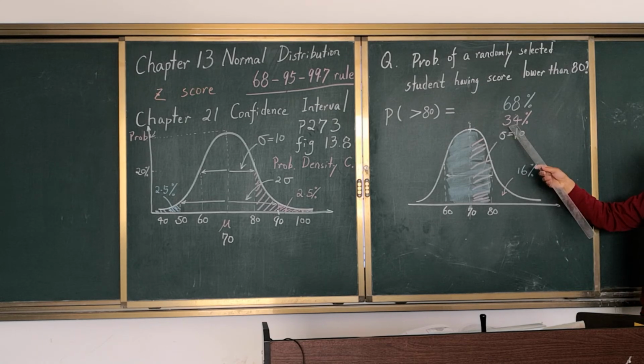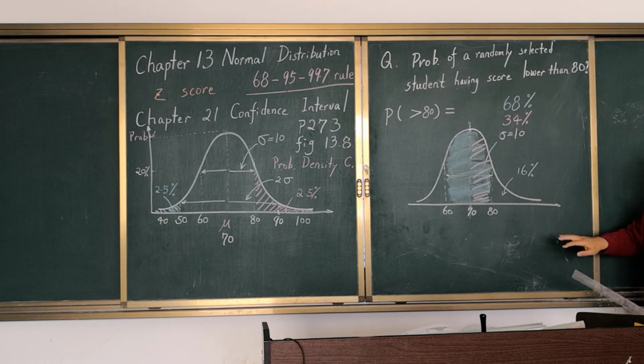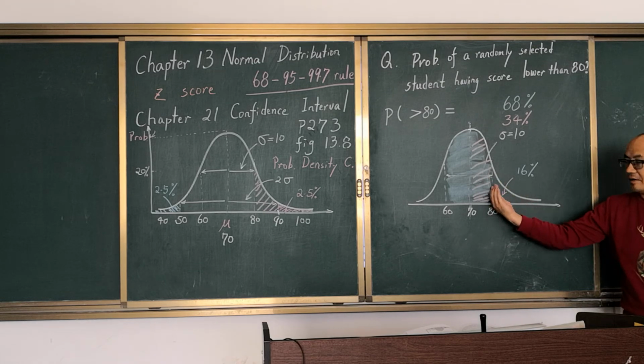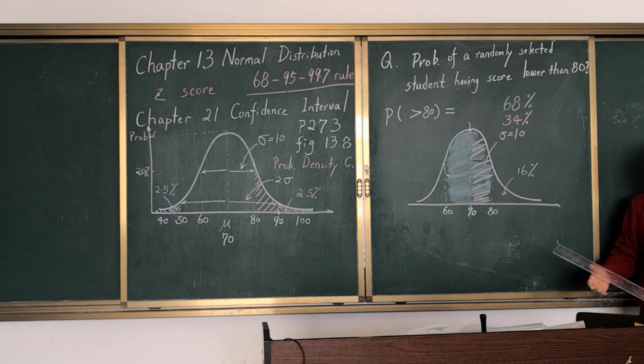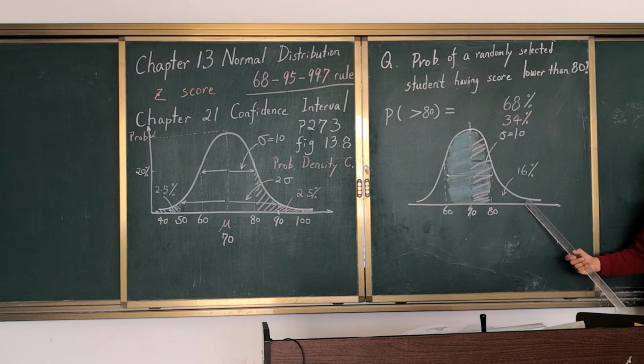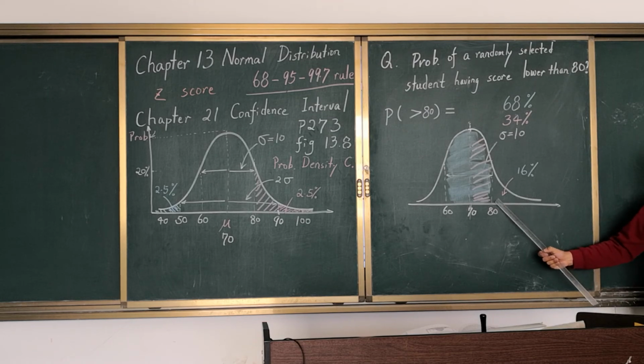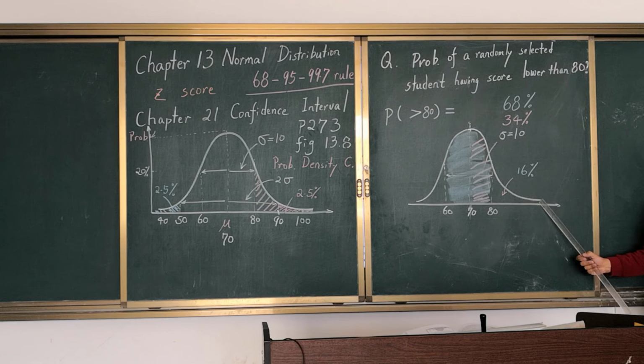So this plus this becomes a half, which is the 50%. Okay, is that clear? So this is the probability of a higher than 80.